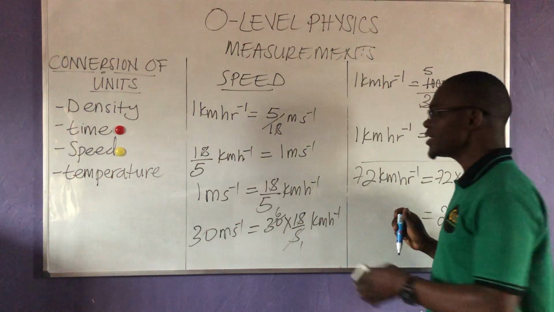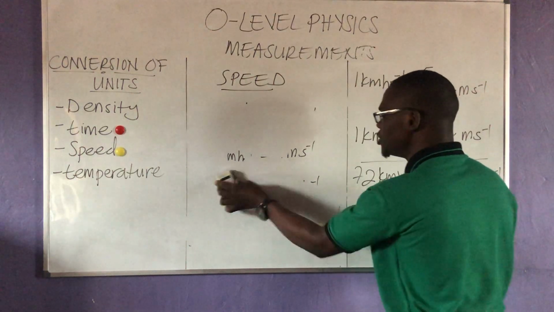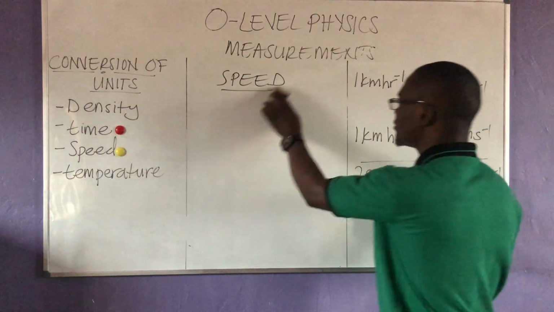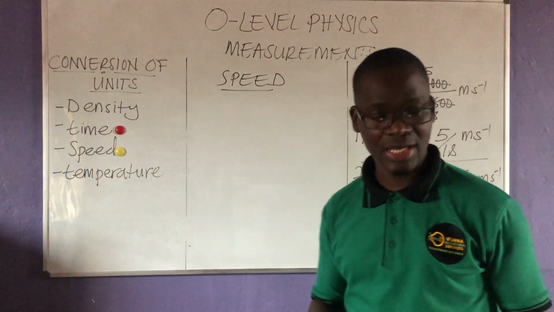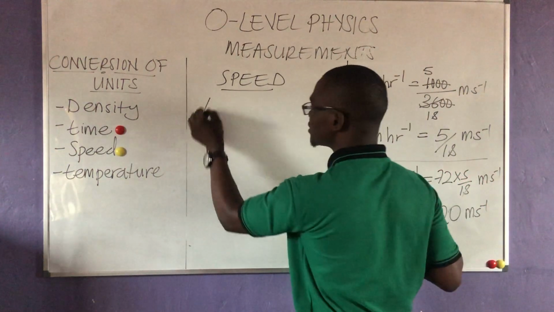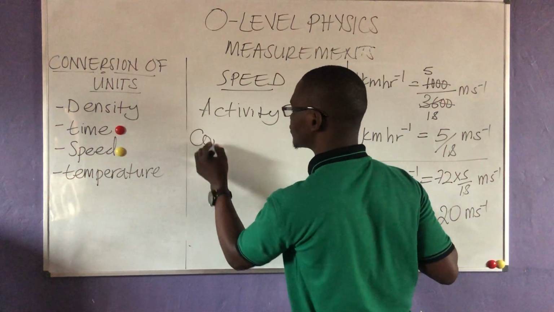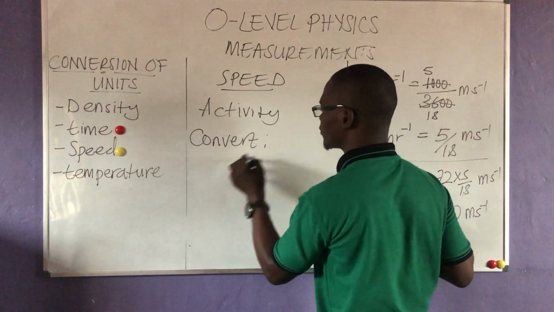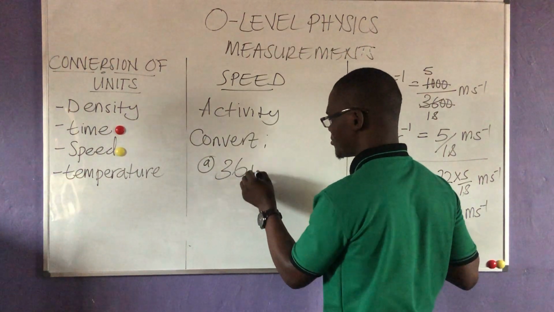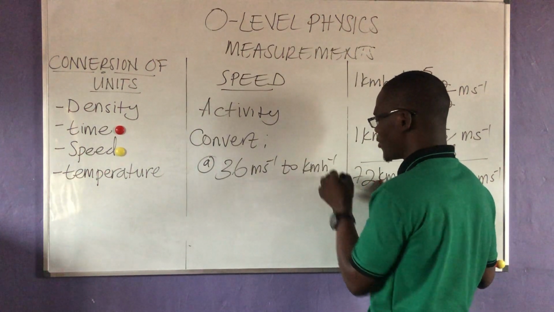Otherwise, I would like to leave you with two to three trial questions of conversion, so that you evaluate yourself and confirm that you have mastered the concept. The activity says convert: part A, 36 meter per second to kilometer per hour.